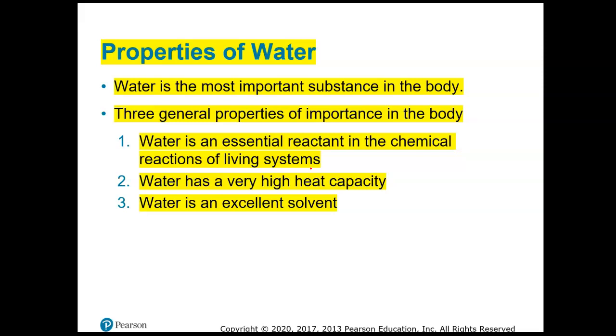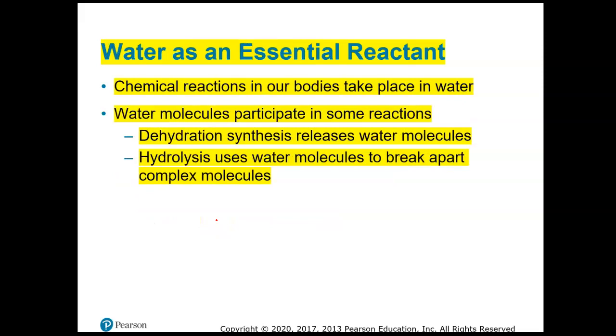So number one is that water is an essential reactant in our chemical reactions, and then water has a high heat capacity. What that means is that it takes a lot of energy to change the temperature of water. And that helps us to maintain a constant body temperature. Water is an excellent solvent.